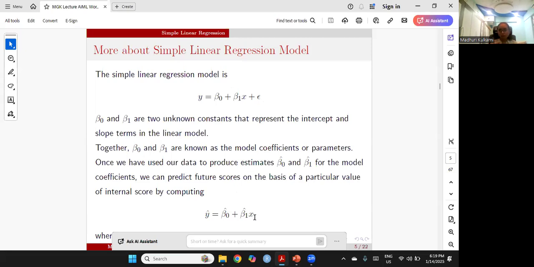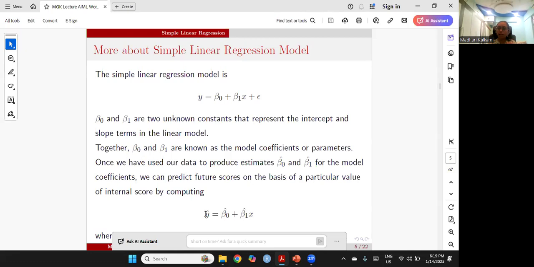Now, I was talking about a student who has got 65 marks in the internal examination, but did not appear for the final examination. So I can put x equal to 65 and substitute the values of beta naught hat and beta 1 hat and get the value of y. That is the final score.